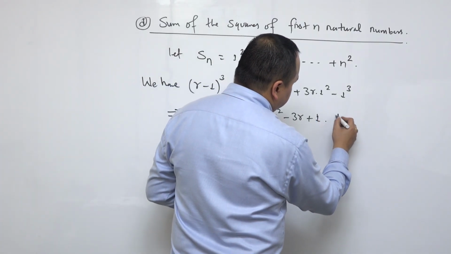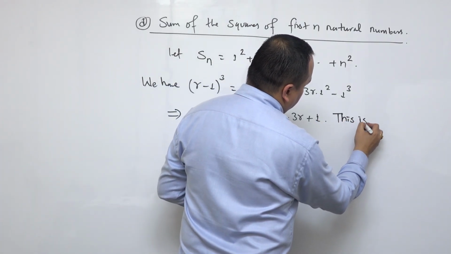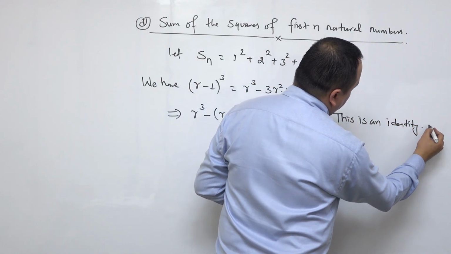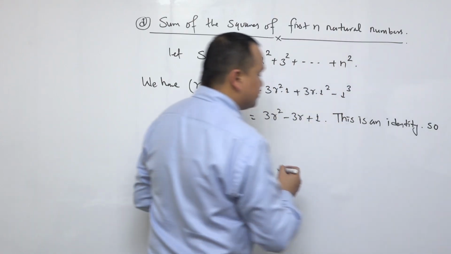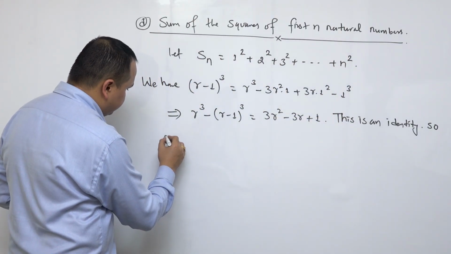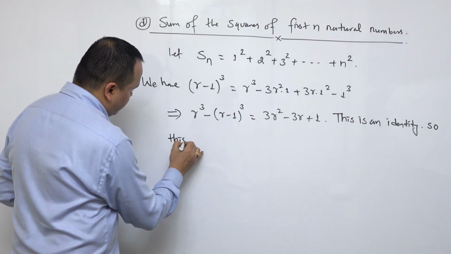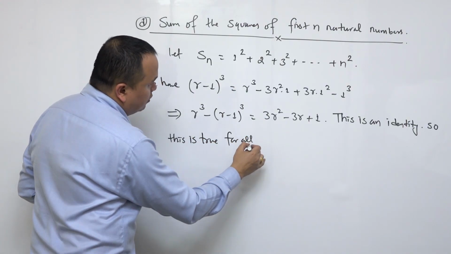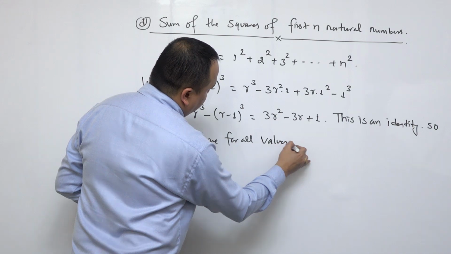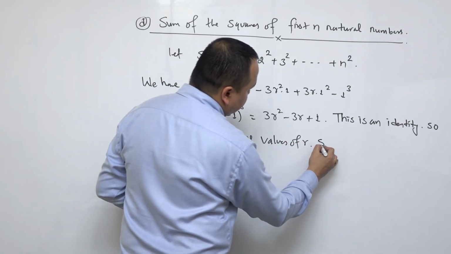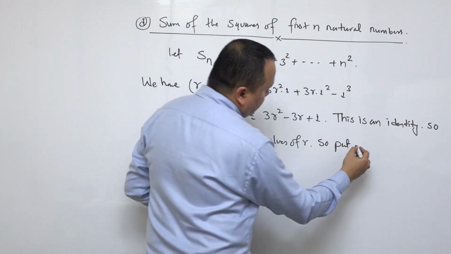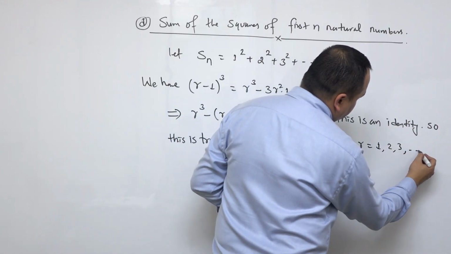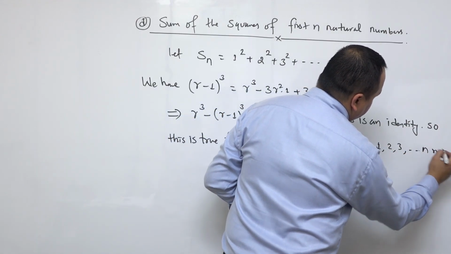This is an identity. So this is true for all values of r. So put r is equal to 1, 2, 3, ..., n respectively.